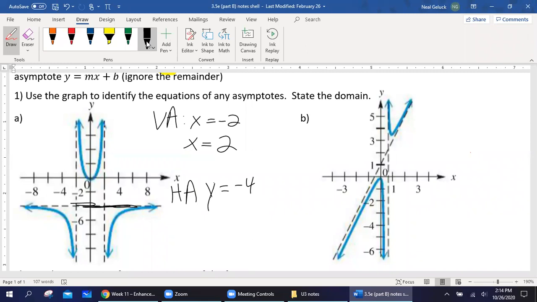It also wants the domain. So from left to right, my domain goes from -infinity until the first break in the domain, at the first vertical asymptote, -2. Then the graph exists between -2 and 2. And then the graph exists from 2 to infinity.